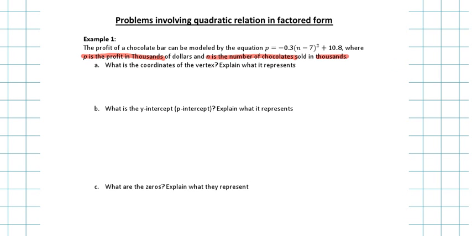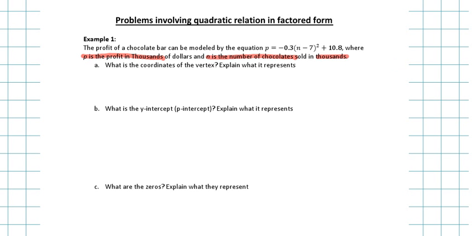What do the numbers 7 and 10.8 represent in terms of that question? 7 is h, the optimum value is the highest one. So one of them has to represent the number of chocolates, and the other has to represent the profit. 7 represents how many chocolates are being sold, and the 10.8 is the profit.